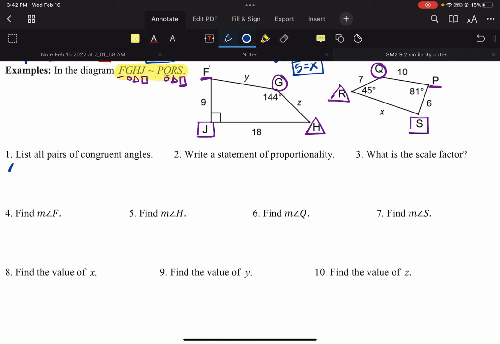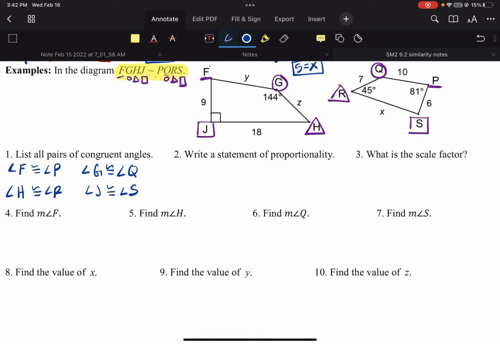So we know that angle F is congruent to angle P. We know angle G is congruent to angle Q. We know that angle H is congruent to angle R, and we know that angle J is congruent to angle S. If you didn't label your vertices in some way, you also could have just come back to the similarity statement up here and matched up. First letters are corresponding, second letters are corresponding, third letters are corresponding, fourth letters are corresponding.